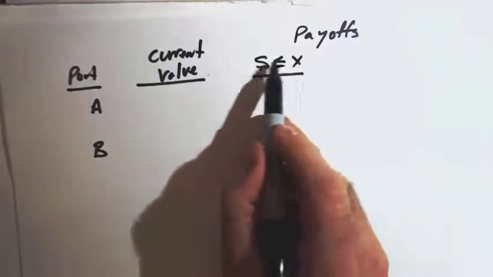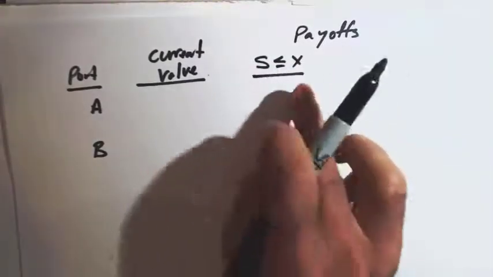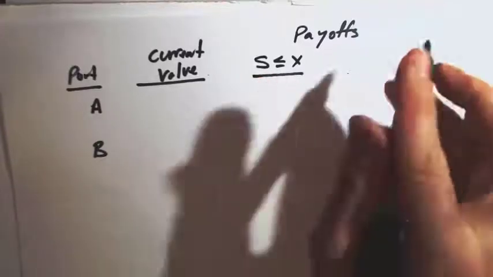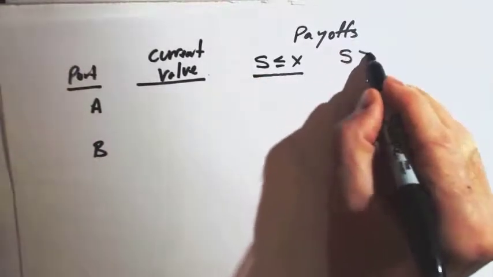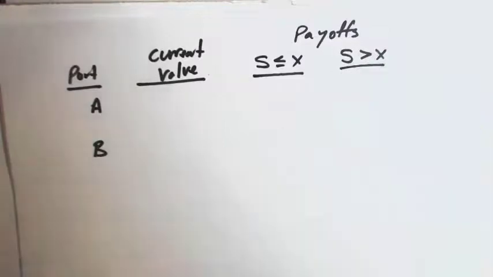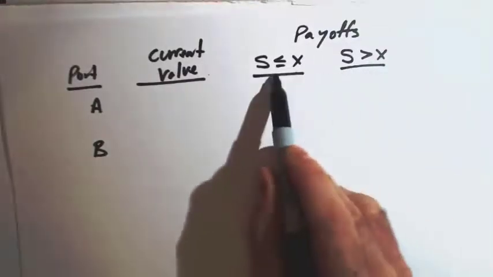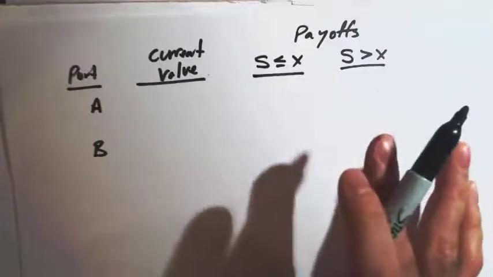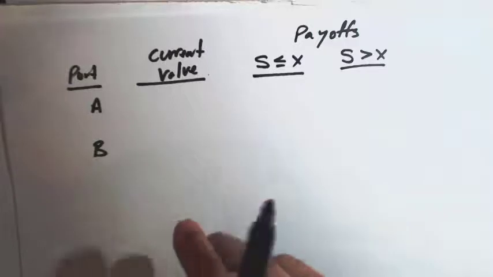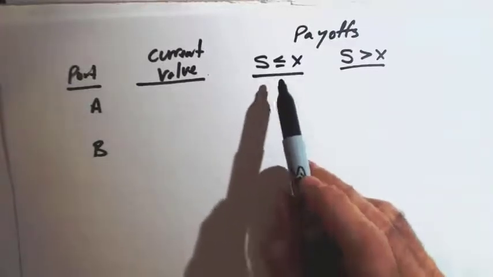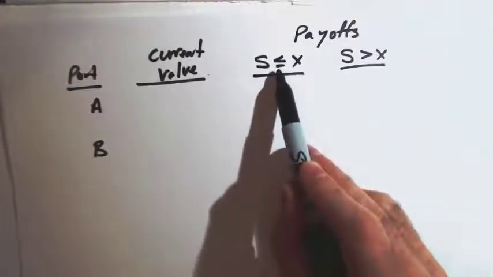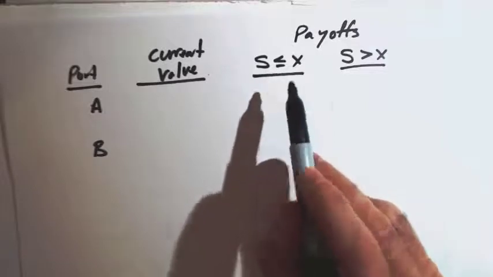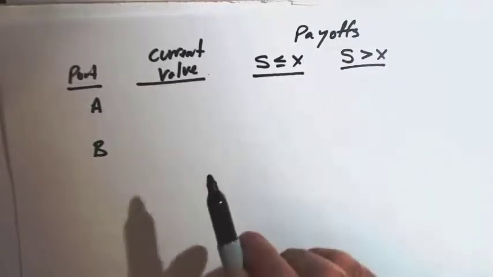So when the stock price is less than the strike, these call options are out of the money. And then we're going to look at what happens when the stock price is above the strike, when the option is in the money. So that way we cover every base. Is it out of the money or in the money? We've covered 100% chance of whatever's going to happen, because an option either finishes out of the money or technically at the money with that little equal sign there, okay? Or it's in the money.